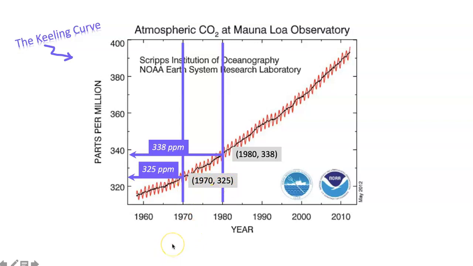Now I'm going to show you how to do it with the rise over the run for the slope. But that's what we're trying to calculate here, is this slope right here. So the rise is the difference in the y values. So I have 338 minus 325, and I get 13 ppm as my rise. And that was just the difference of the y's.